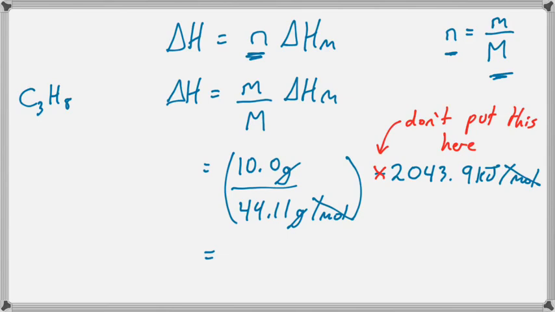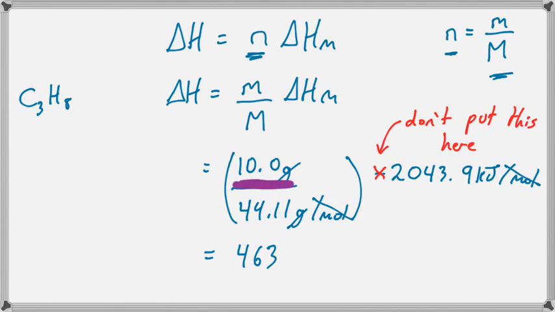So if you look at this math, if you were to calculate this out, you would need to go 10 divided by 44.11 and then times 2043.9. And you should end up with 463, because this number right here only has 3 significant digits.